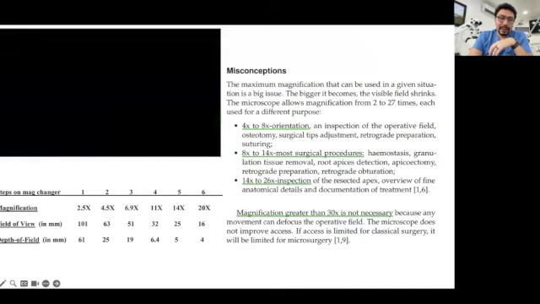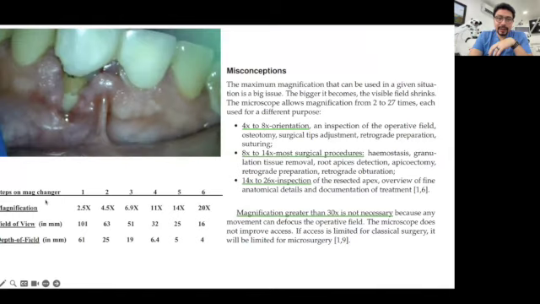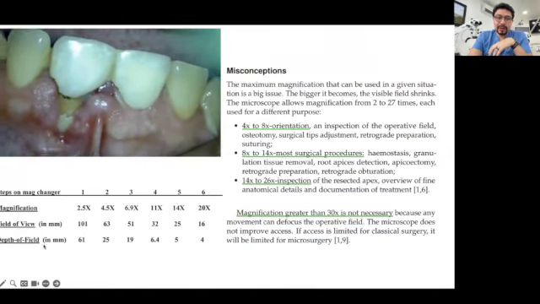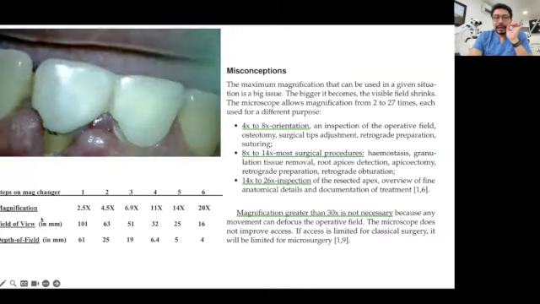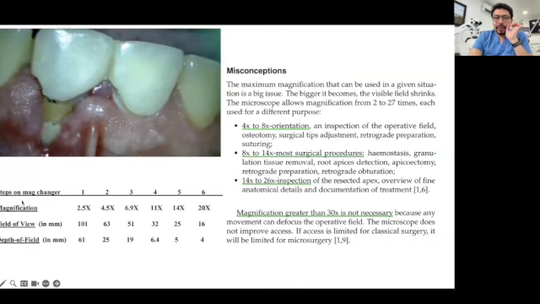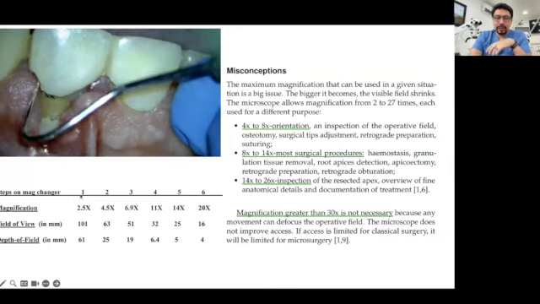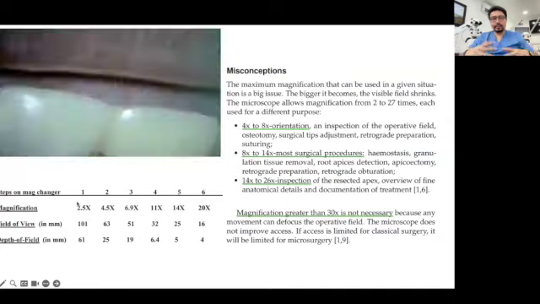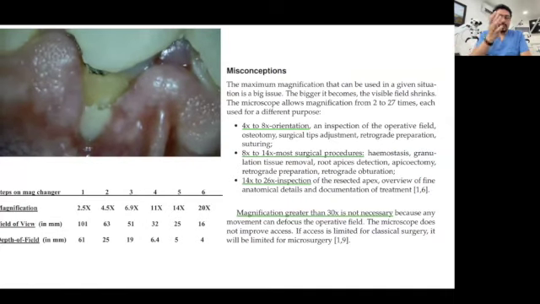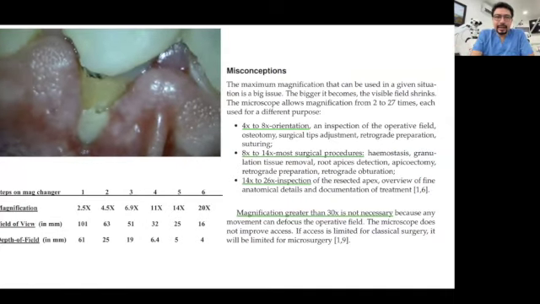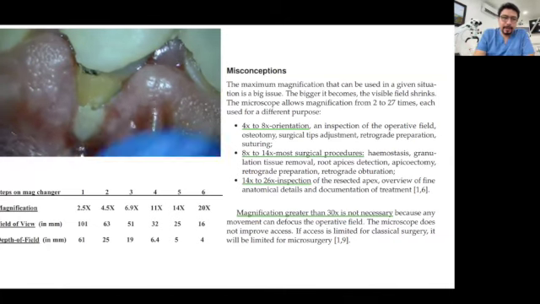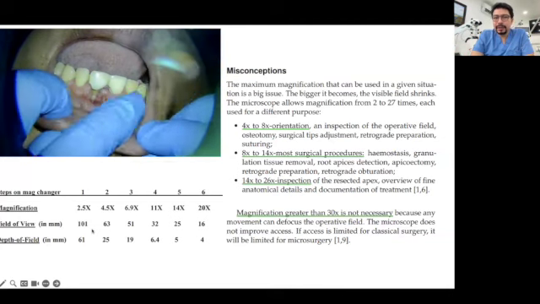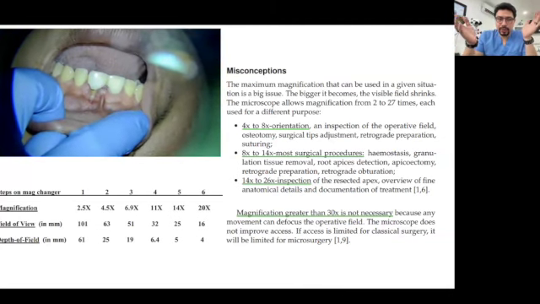Because let's look at this chart, where we have the magnification, the field of view, and the depth of field. When you are working in the lowest magnification, which is 2.5x in any microscope, not specifically in the Promise Vision, your field of view is around 100 millimeters, which is huge.